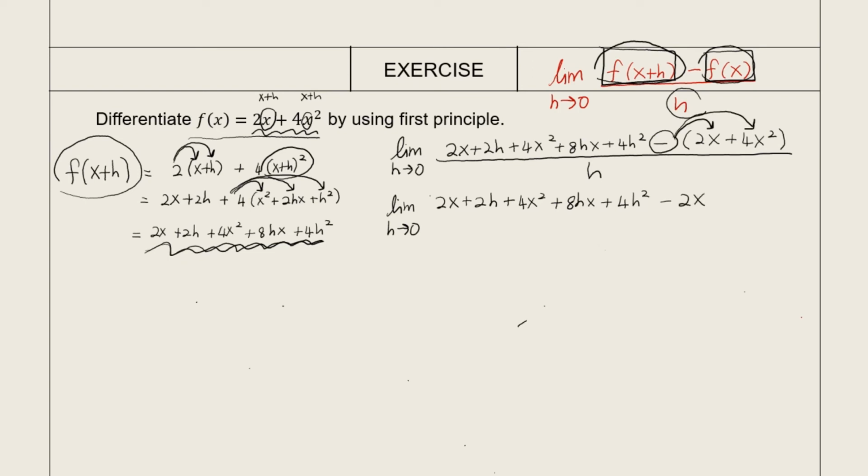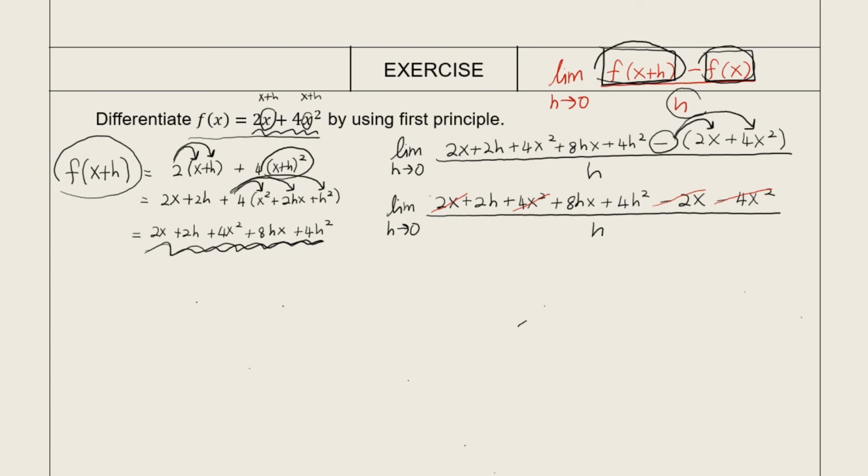Negative and positive 4x squared, you will get negative 4x squared here, and you have h in your denominator. So let's see what we can cancel out in our equation here. You have 2x minus 2x here, finish, equal to 0. You also have 4x squared minus 4x squared here, also equal to 0. So it can be eliminated.